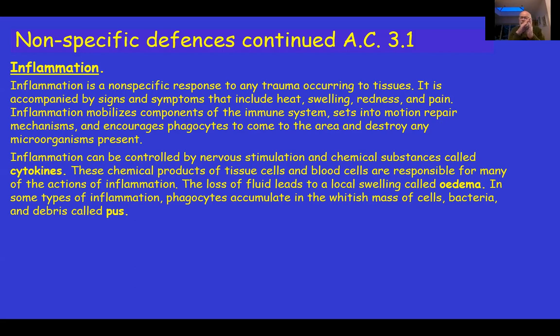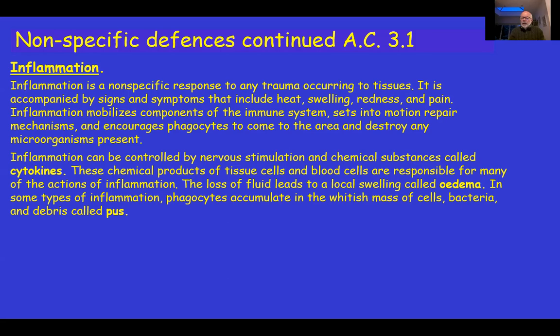Well, as it slipped back into the skin, and the skin tries to heal around it and clot, etc., that could drag in infection. So that's one of the reasons why inflammation is there, to combat the actual infection. Now, inflammation can be controlled by nervous stimulation and chemical substances called cytokines.